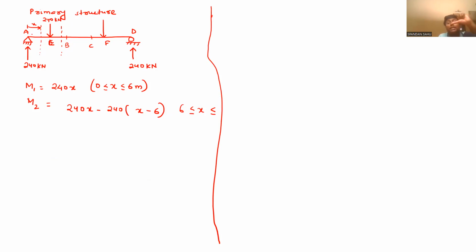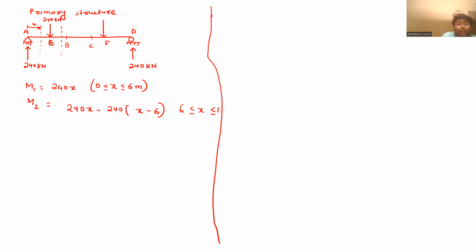You have to be cautious enough while analyzing, while giving the integration. While calculating, you have to integrate. And in that, you have to be cautious enough while you are putting your lower limit and upper limit. So here it will be 6 to this B point.